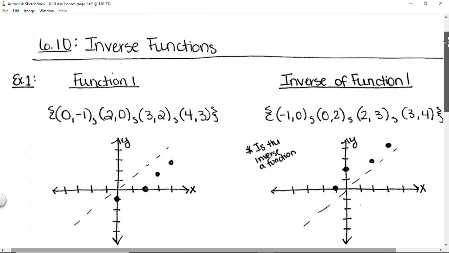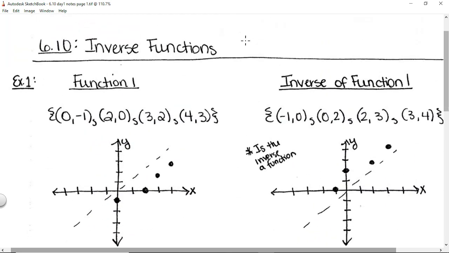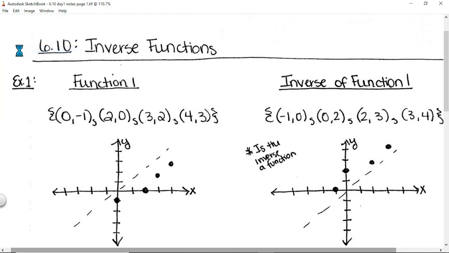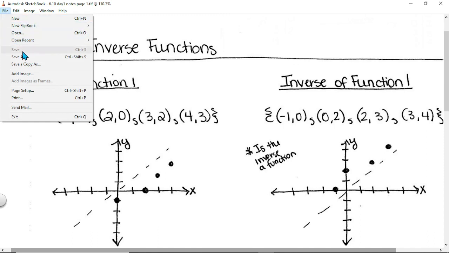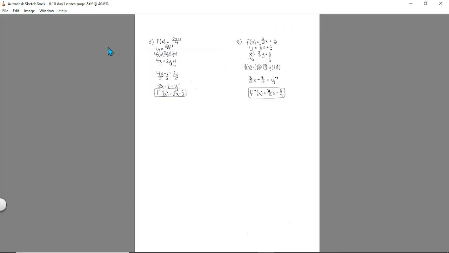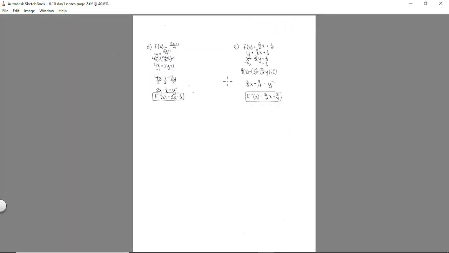Okay, well, we got a couple more examples. So I'm going to save this and bring up the other page. I did forget to erase this so we can work it out. So I'm going to go ahead and erase these real quick.